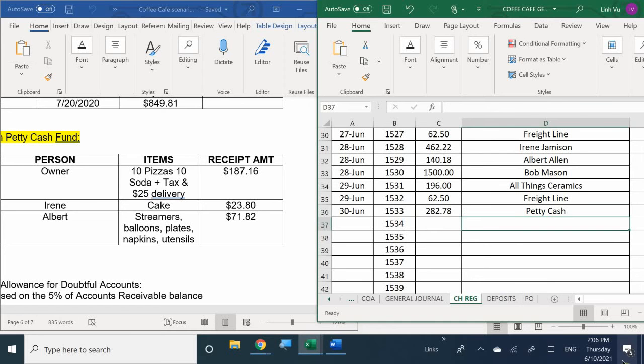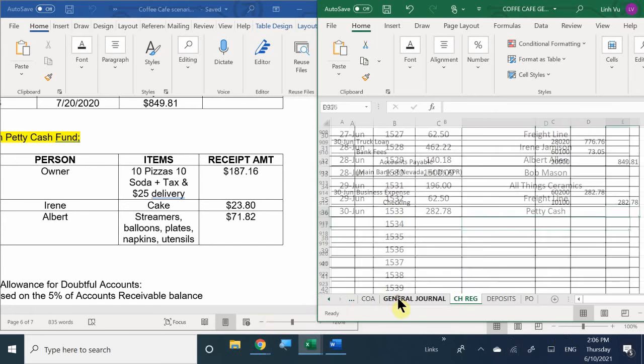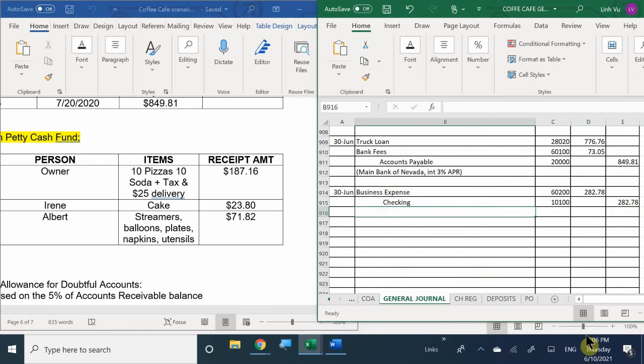So then, what should my description be? Mine is petty cash fund, check number 1533. Good.